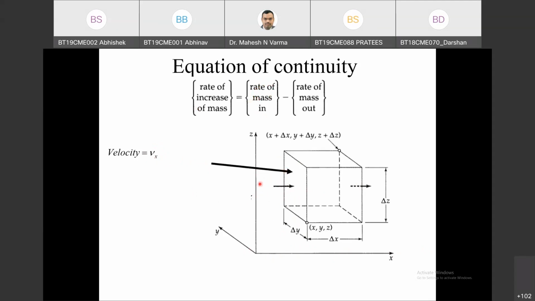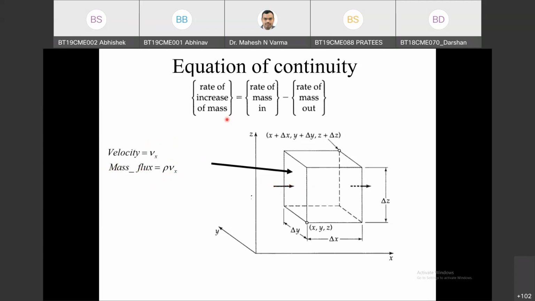Density into Vx is the mass flux of molecules in X direction, multiplied by cross sectional area.